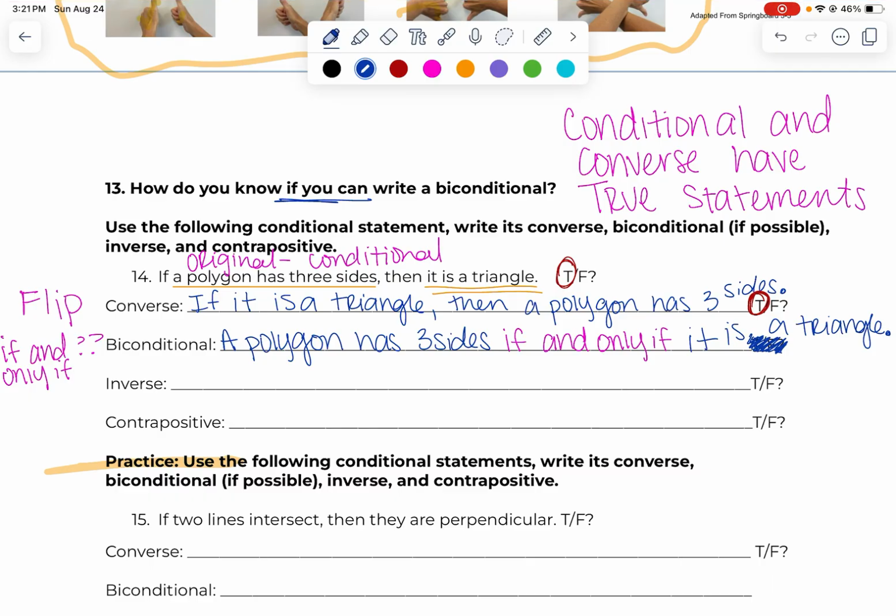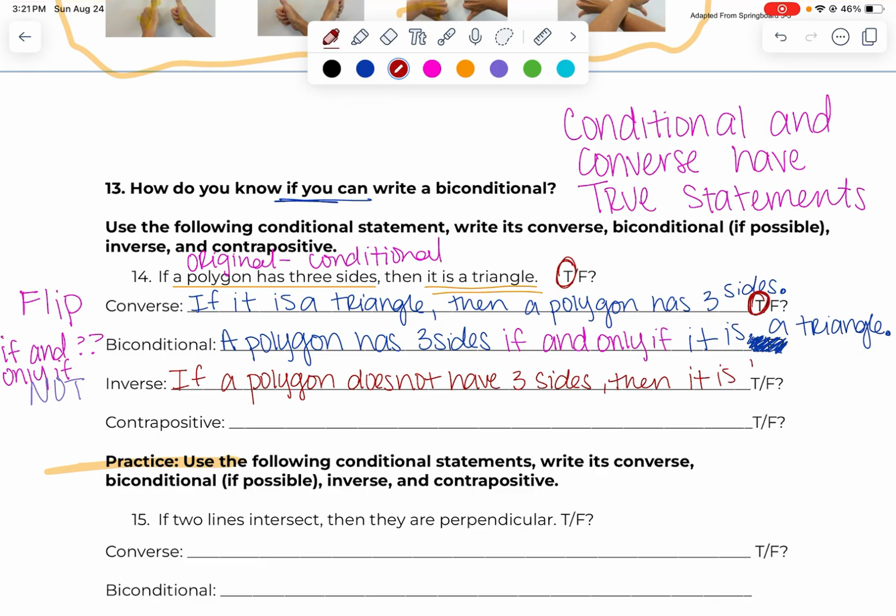All right, next we have inverse. Inverse is the not. You add or remove the word not. So we're going to start. If a polygon does not have 3 sides, then we're going to add the word not.